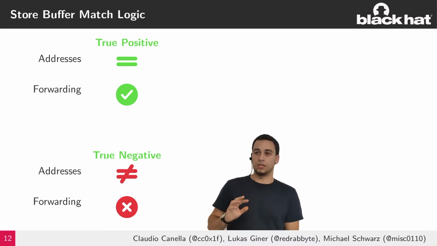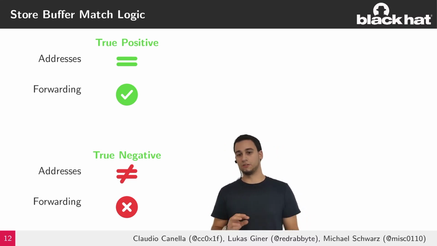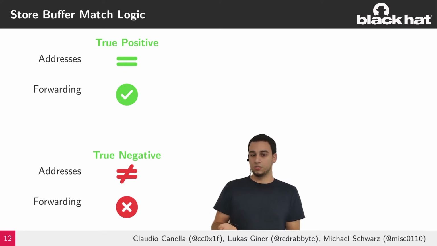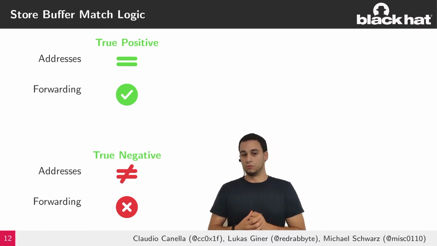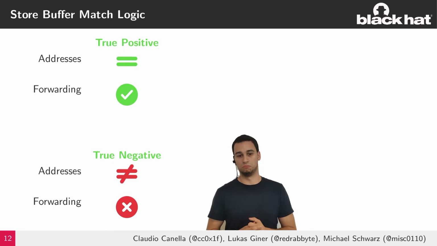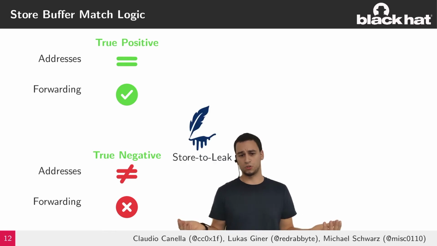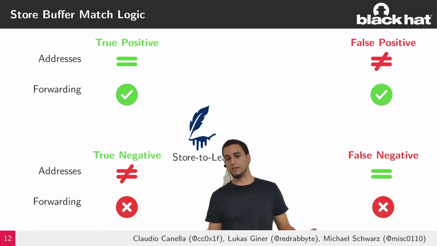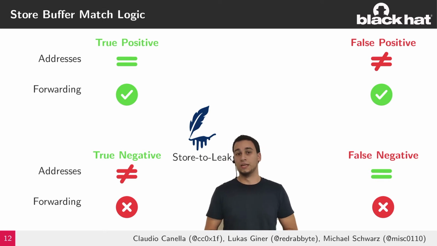Maybe we also have some errors in the comparison there because things go really fast, and we might have other stores and loads in between. So maybe we also have some true negatives where we don't have something there, and we're not matching anything, we're not forwarding anything. That's also fine. That's true negatives. And this is basically all true positives and true negatives that we exploit in this talk here.